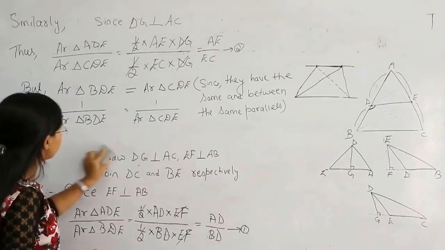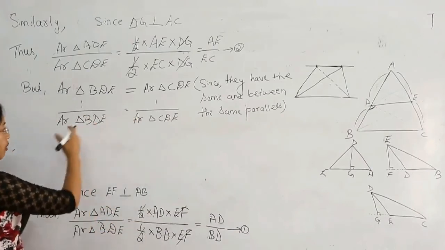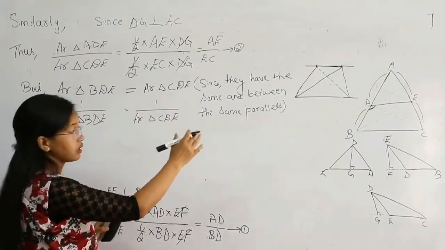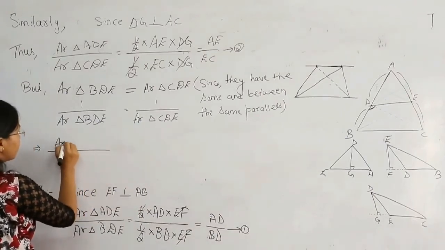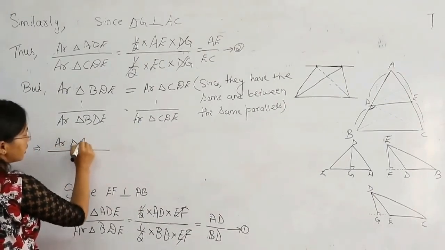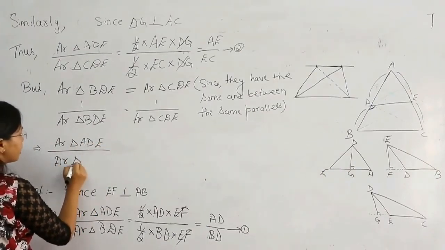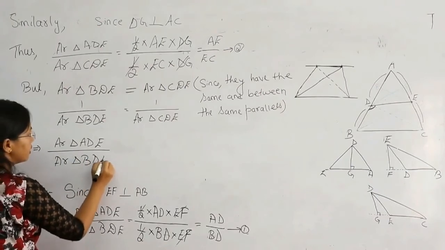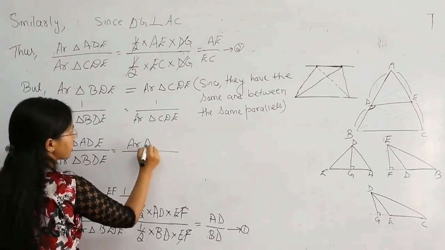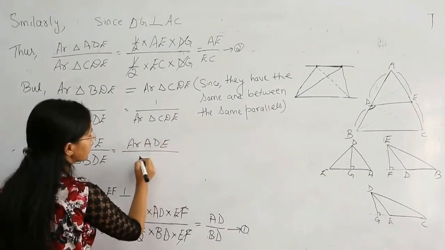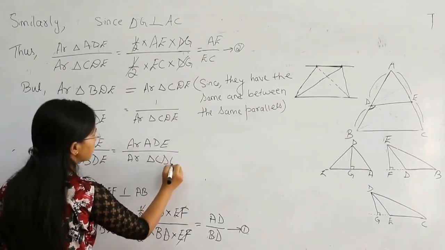And again, we will multiply both sides by area of triangle ADE. Then area of triangle ADE by area of triangle BDE is equal to area of triangle ADE by area of triangle CDE.